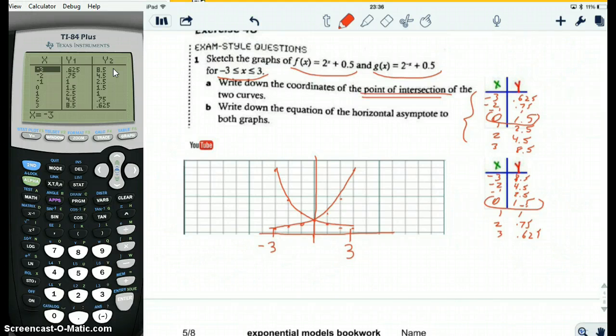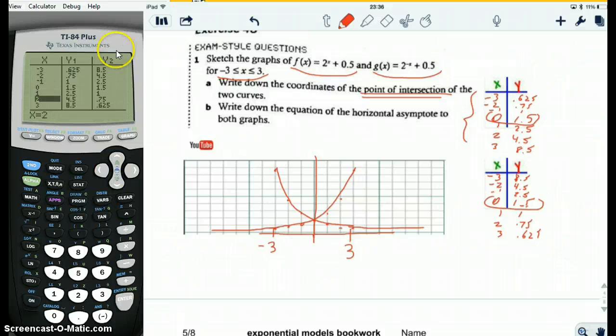Okay, and then write down the equation of the horizontal asymptote. So what line do these functions approach when x goes to infinity? Like this line, is it going to 0, or does it go to some other number? Well, let's just look at the table here.